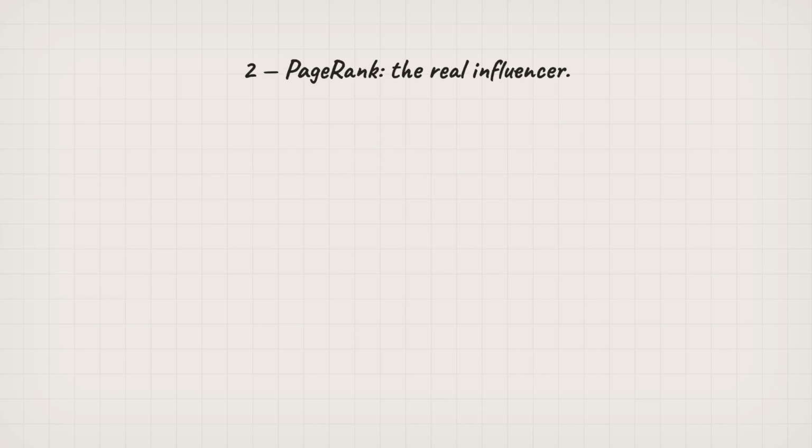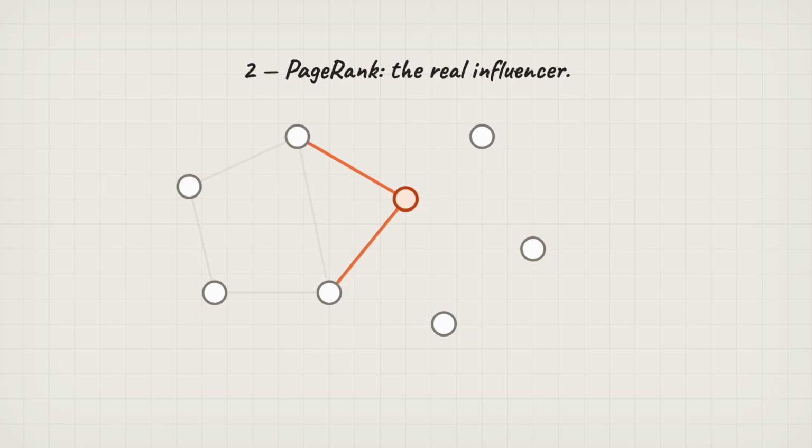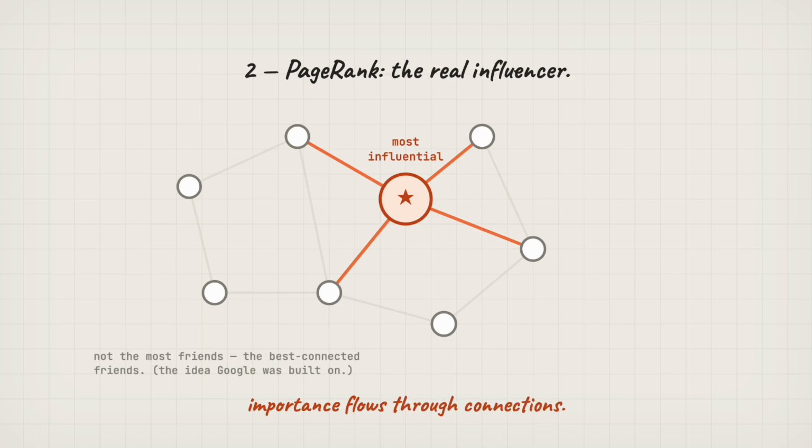Second one, and this is a big one, PageRank. This finds the most important, most influential node in the network, not the person with the most friends, the person whose friends themselves are well connected. Fun fact, this is literally the idea Google was built on, ranking web pages by how important the pages linking to them were.